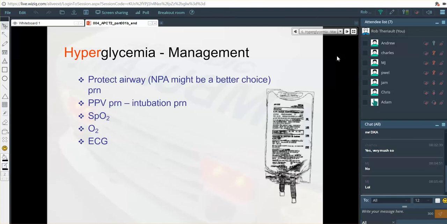Now, just a question. You've got, let's say, a diabetic ketoacidosis patient. Is it possible to have some sort of abnormal SpO2 reading in a patient who's otherwise got a good respiratory rate and volume, even Kussmaul's respiration? Is it possible to have an abnormal SpO2 reading, and why?